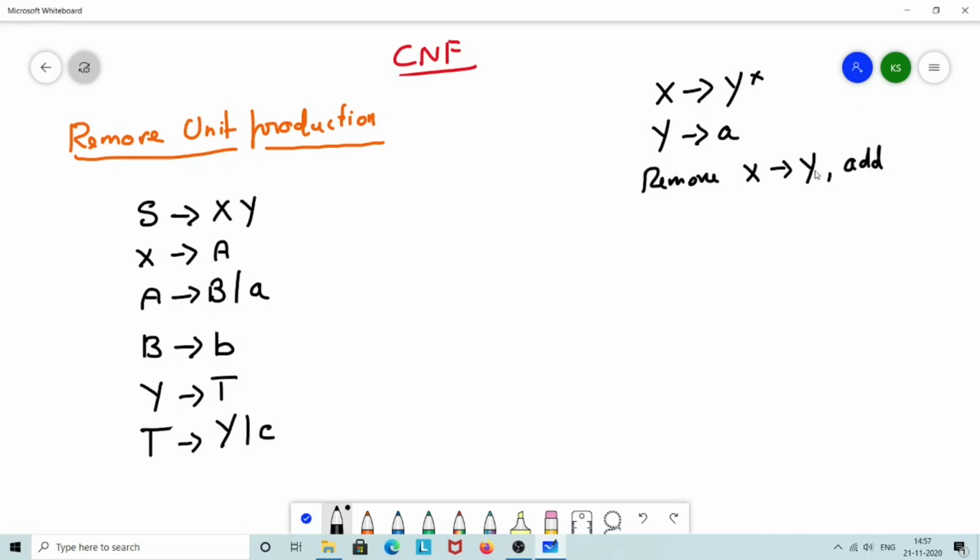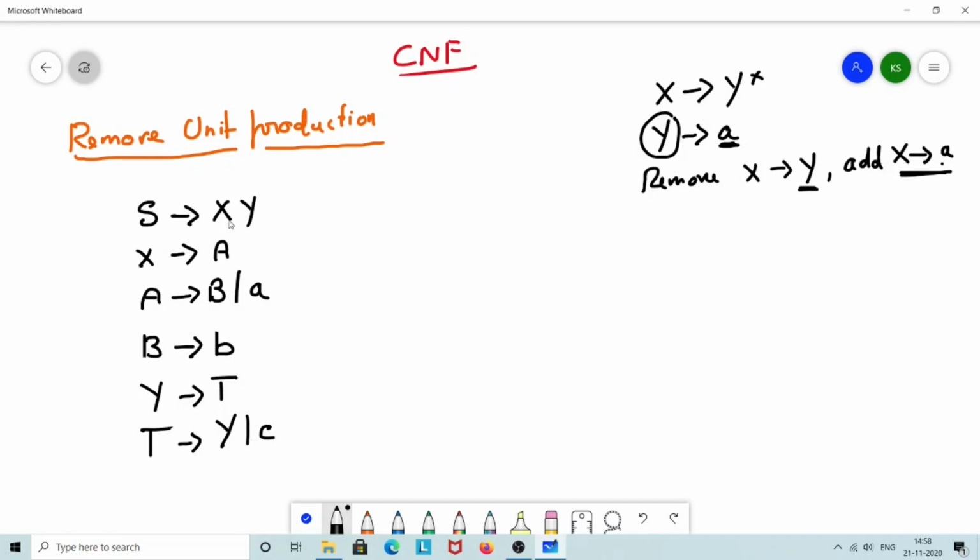So what should I add? I should replace this Y with what Y is giving. Y gives a, right? So I will add a rule X gives a. I simply replace this Y with what Y is giving, a single terminal. So I will write X gives a. Using this logic, we will solve this particular problem.